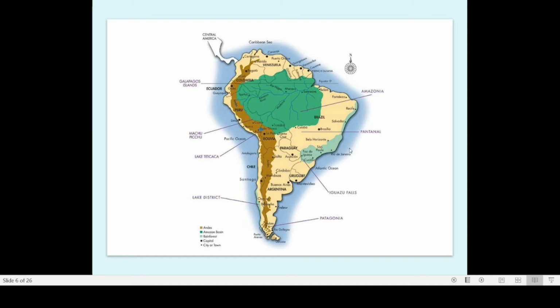In this part we can see one important desert called Atacama. This Atacama desert is one of the driest deserts in the world. Now, if you go to Chile, most of Chile is desert, and it is in this region. The driest regions of the world are present here because of the presence of the Andes mountain range.